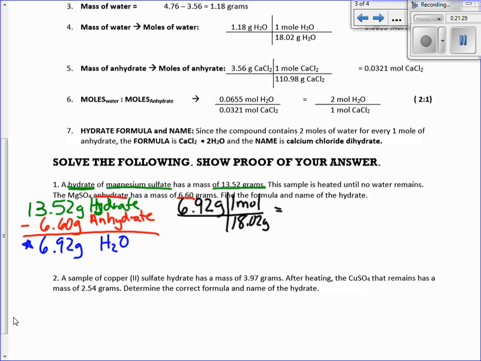And you're going to calculate the moles of the water. So what do we get for the moles of the water here? Taking the mass of the water, here, and we're going to convert it to moles, right there, using a T-chart.